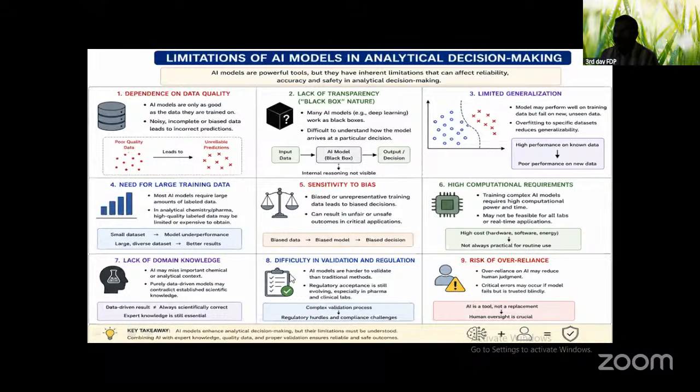The eighth limitation is difficulty in validation and regulation. AI models are harder to validate than traditional methods because regulatory acceptance is still evolving, especially in pharma and clinical labs. That means complex validation processes require clearing regulatory hurdles and compliance challenges.